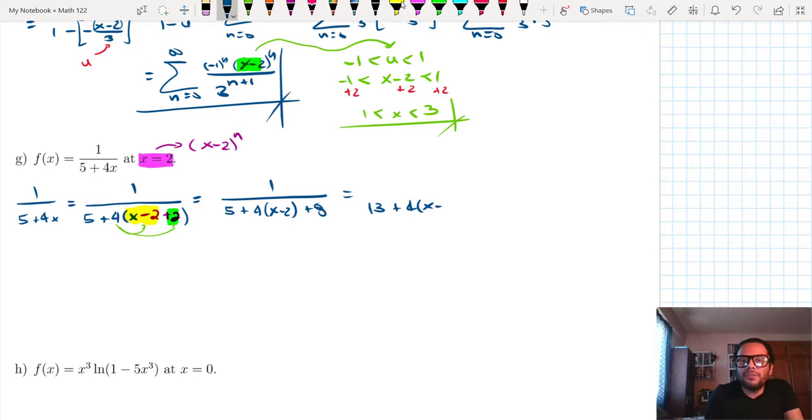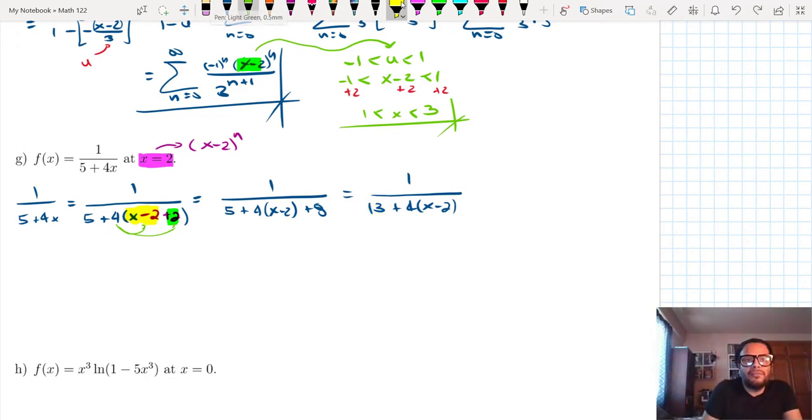And we're getting closer to what we want, to our form. However, number one, this has to be a 1. It is a 13. I don't want that 13 there. So we need to do a trick to make that 13 disappear, rather turning into a 1.